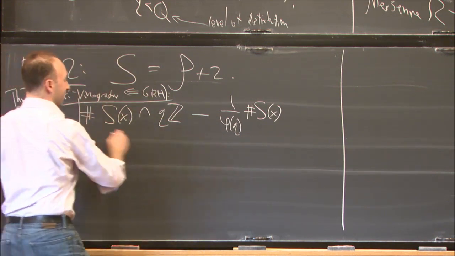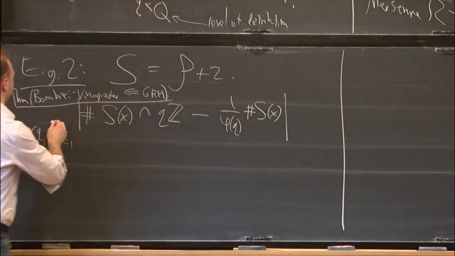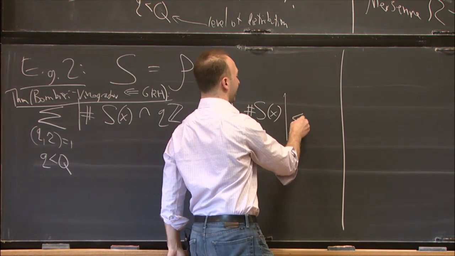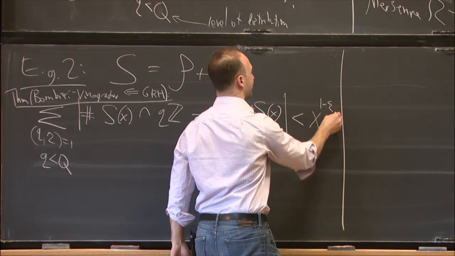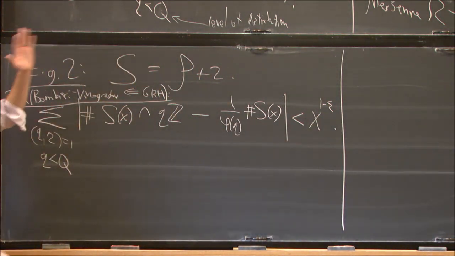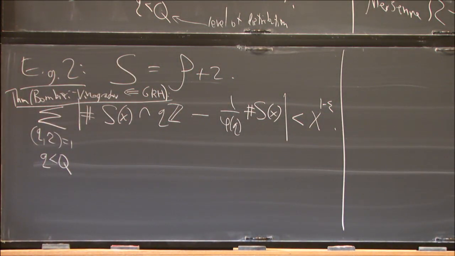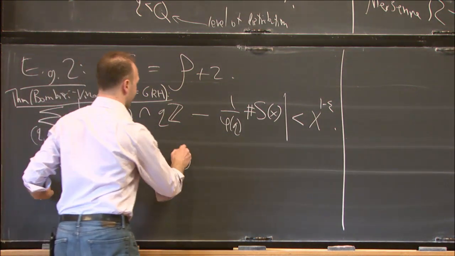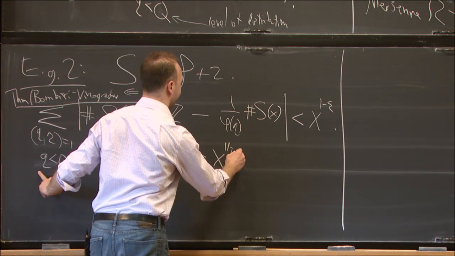Okay? So that's the remainder term that we want to bound. And if you sum this up to capital Q, you can bound this by what it should be, let's say x to the 1 minus epsilon, because the total number of primes crudely is of size at most x, with this level of distribution as large as x to the 1/2.